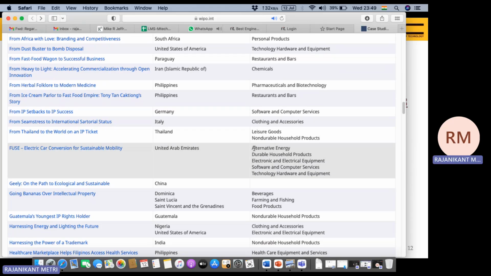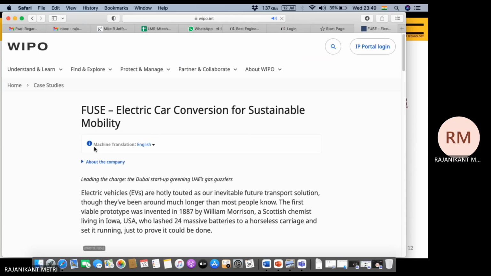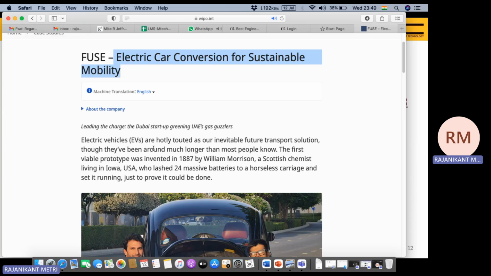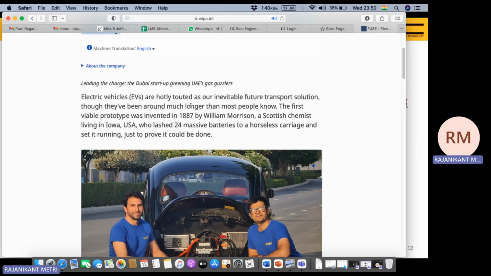There is an invention related to alternative energy or durable household products, which is named FUSE. It is an electric car conversion for sustainable mobility. Electric vehicles are partly touted as our inevitable future transportation solution.